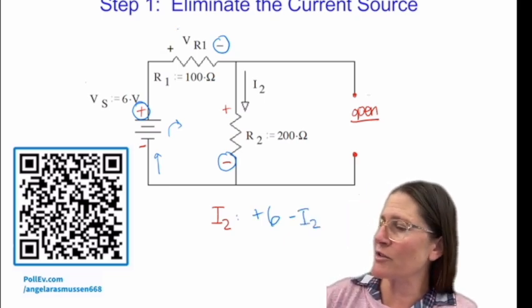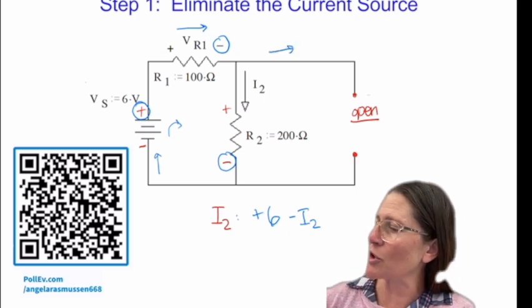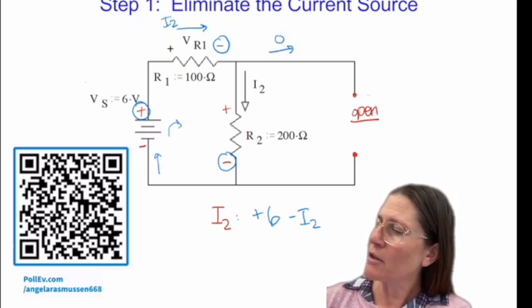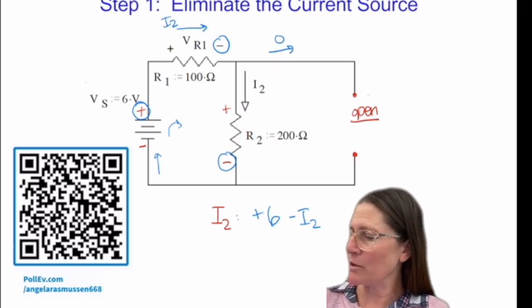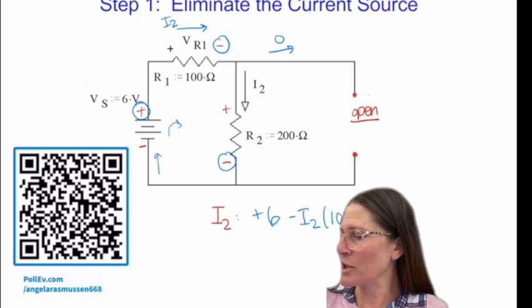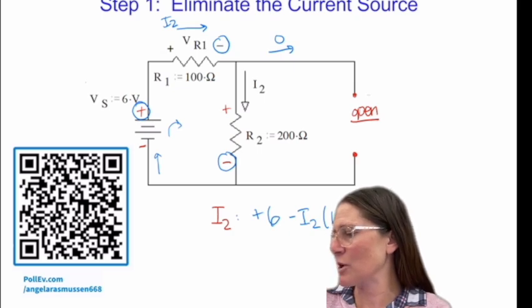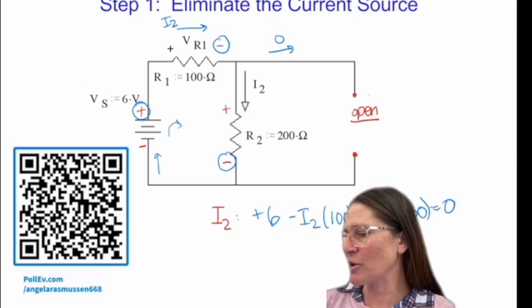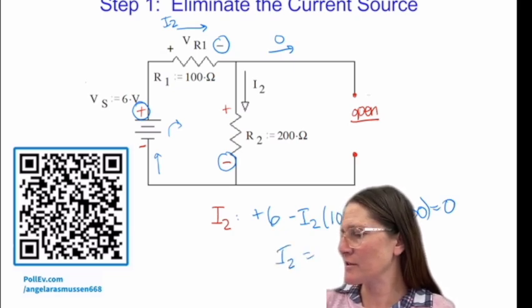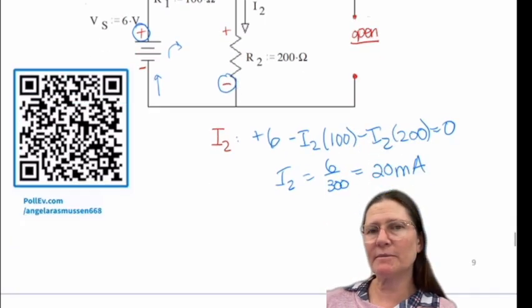And I2 is going to flow here because there's no current here, so that is also I2 there. So I2 100 minus I2 200 equals 0. So I2 is 6 divided by 300, for 20 milliamps.